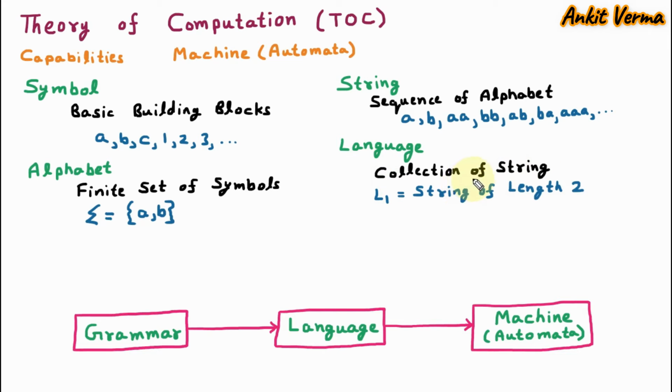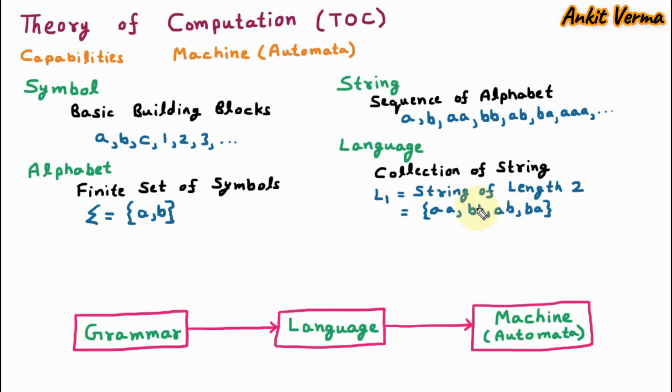So here we are having all the string whose length is 2, just like we are having AA and BB and AB and BA. So these all are the string which is having length 2. So we are putting them together and that is becoming the L1. That means language 1, which is the string of length 2.